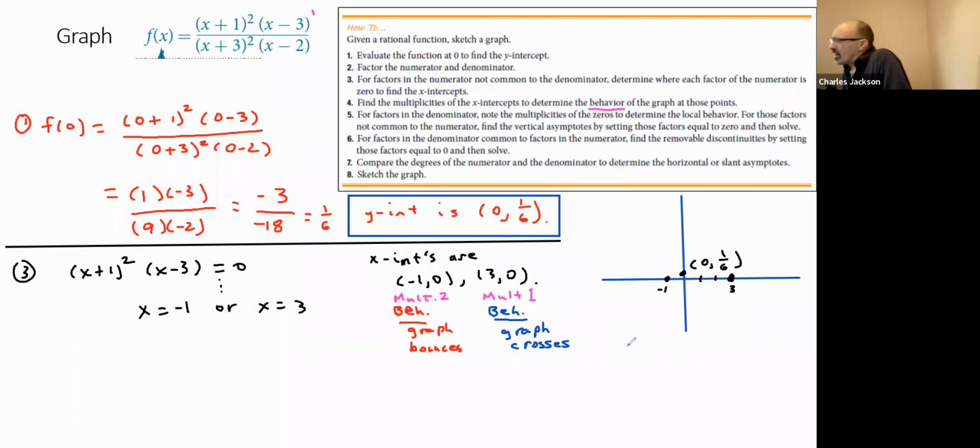For factors in the denominator, note the multiplicities of the 0 to determine the local behavior. For those factors not common to the numerator, find the vertical asymptotes by setting those factors equal to 0 and then solving. Okay, so let's get vertical asymptotes. Vertical lines that the curve approaches.